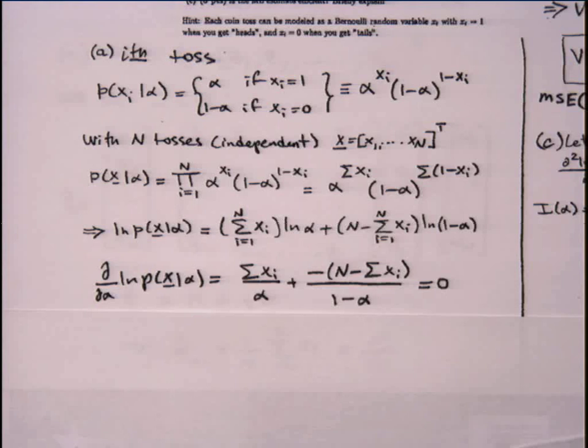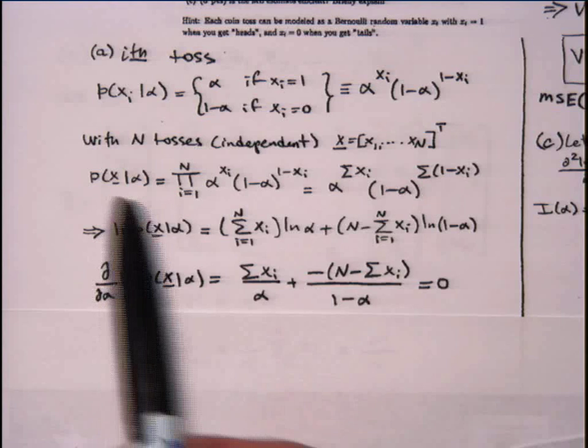And so you get this PDF, alpha to the xi times 1 minus alpha to the 1 minus xi. And with n tosses, then the joint PDF for xi is going to be the product of these independent PDFs. So what you end up with is this joint density. PDF of x given alpha is this joint density.